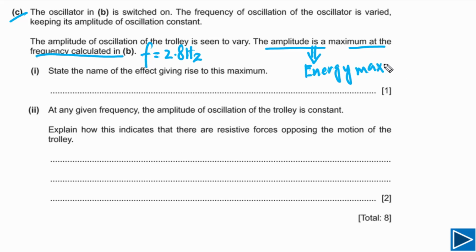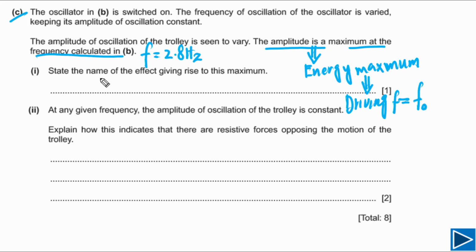This will only happen if the driving frequency, in this case the frequency of the oscillator, is equal to the natural frequency f0 of the system. Then the system is able to absorb the maximum possible energy, and the amplitude will also be maximum.